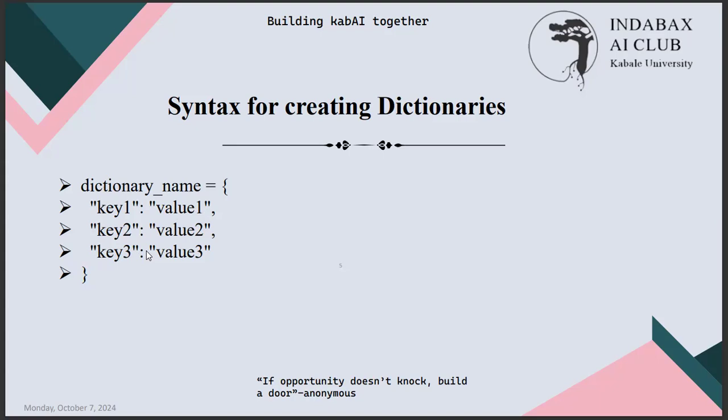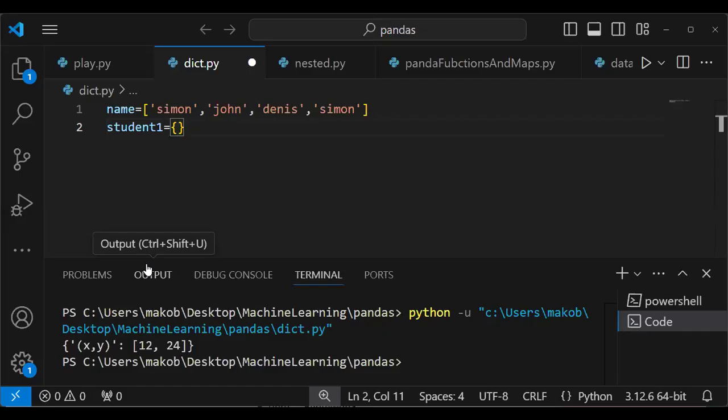So we are going to use that same method to input data here. Since I'm storing data about Simon, the first key will be name. I can call it name or first name, but let me just go with name. So that is the first key. A key has to go with a value.